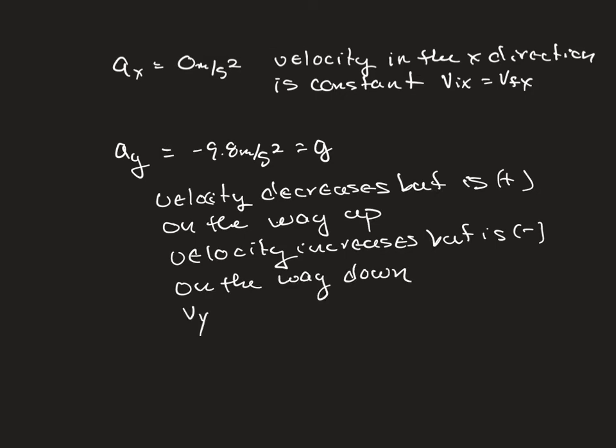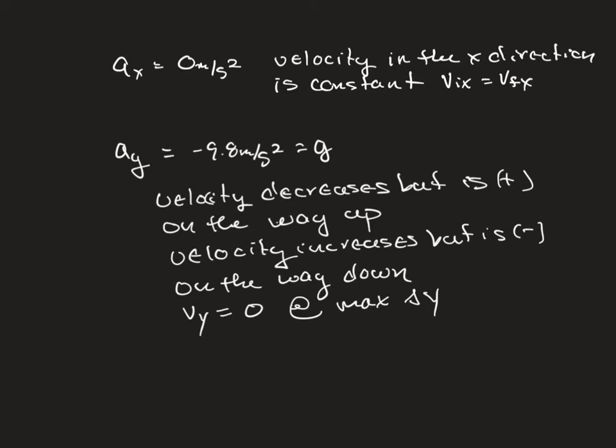And the velocity in the y direction is 0 at max delta y. Not that delta y is 0, but the velocity when delta y is at its maximum value is 0.